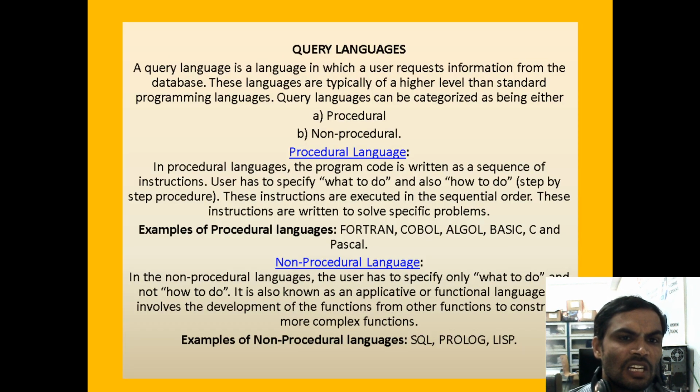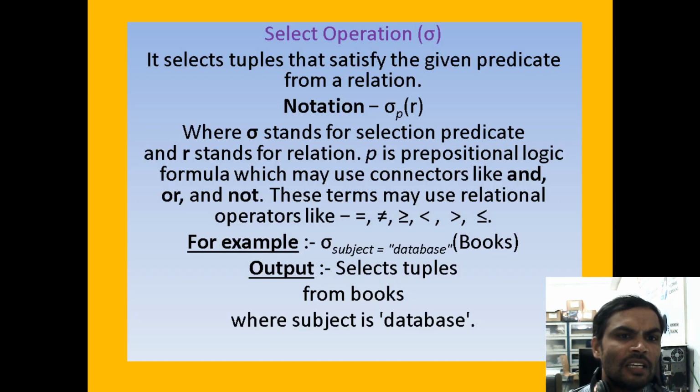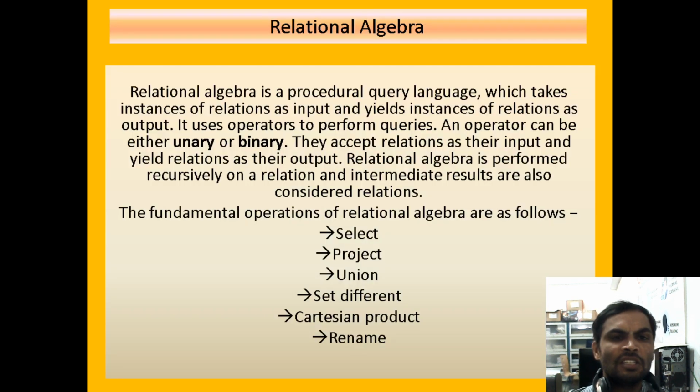If you want to talk about relational algebra, under the second unit, relational algebra is categorized into three types: fundamental relational algebra operations, additional relational algebra operations, and then the third one, extended relational algebra operations.